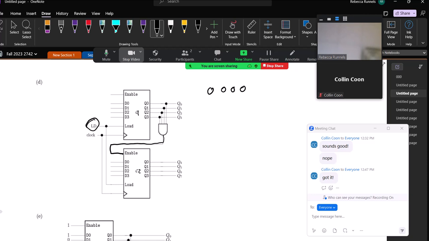So this is going to count until it gets to all ones. When it gets to all ones, it enables the second counter. So let's assume, I erased this on purpose. Okay, the right one is counter 1, the left one is counter 2.